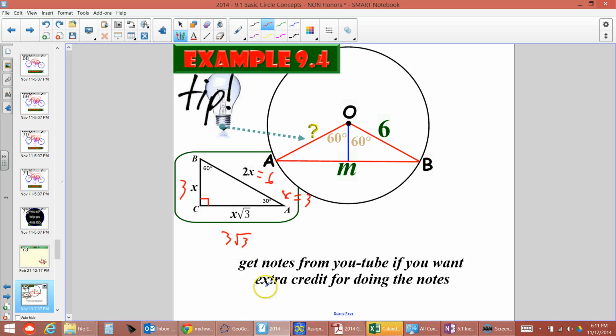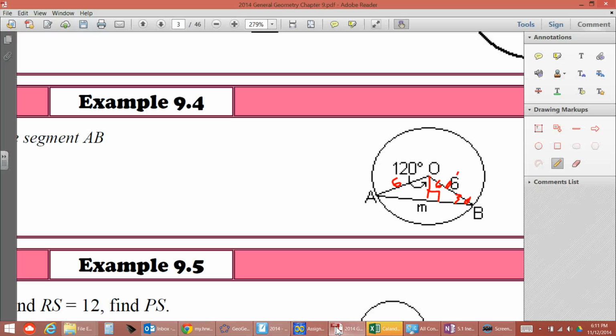So I'm going to bring that back over to my notes. And I'm going to say this distance down here should be 3 root 3. But that's only 1/2 of it. So that means that since it's an isosceles triangle, this one over here is also going to be 3 root 3. When I add those two together, I have 3 root 3s plus 3 root 3s.